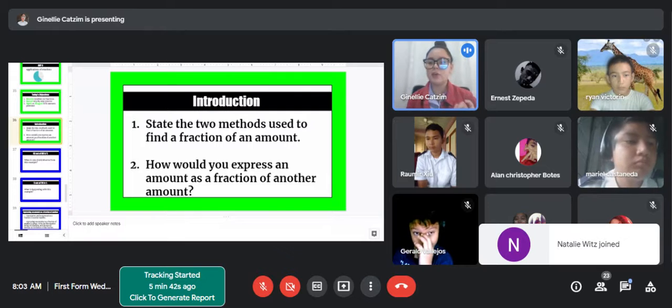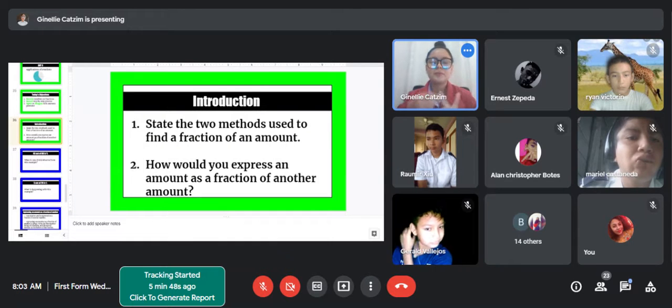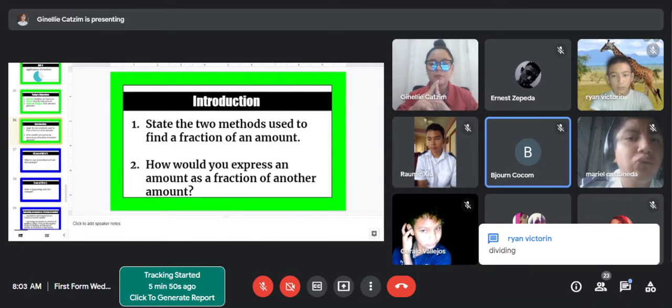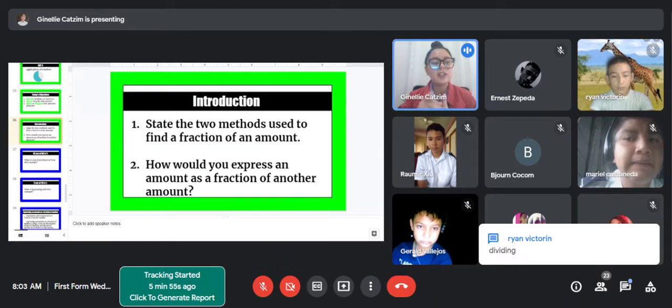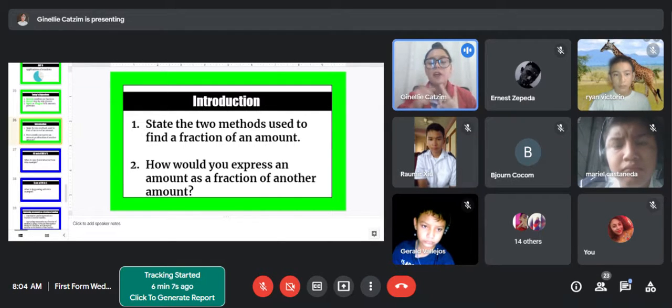We have grouping with images. And what's the second one? Multiplying and dividing. Very good. Multiplying and dividing, right? That is the two methods. Using images to group, and the second one is multiplying and dividing. And as we know, multiplying and dividing can be used in two methods also.